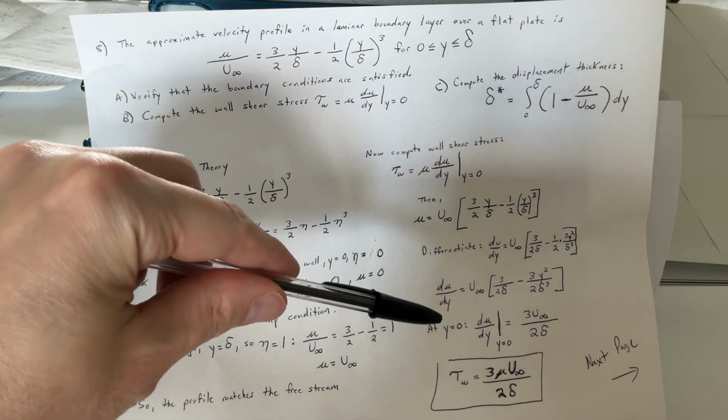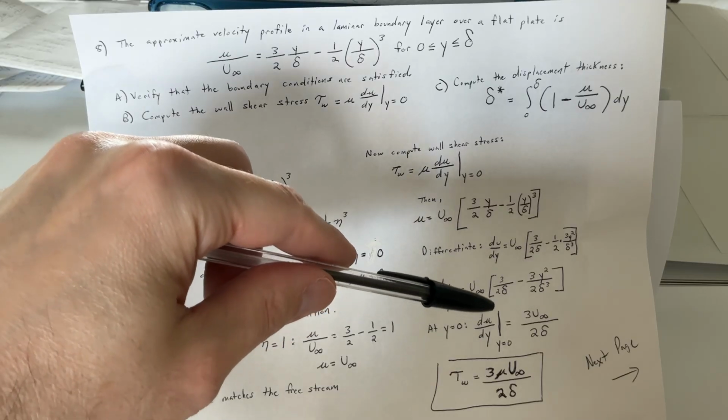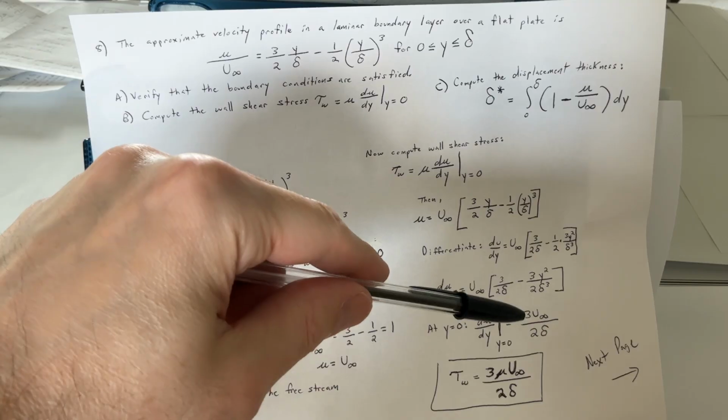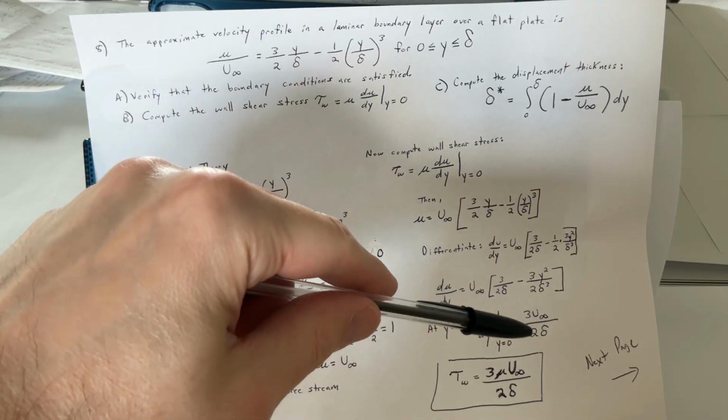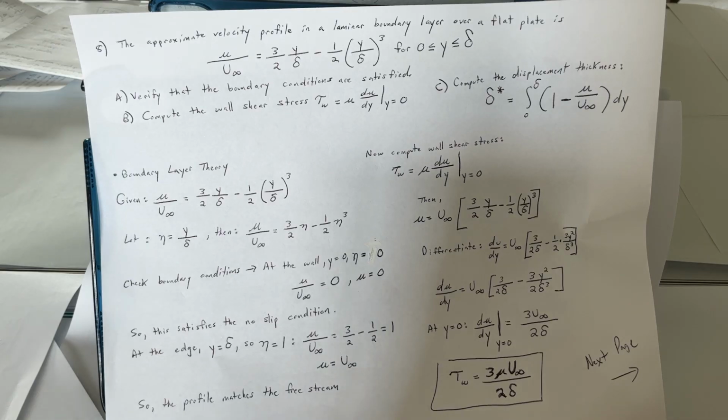And now at y equals 0, this d mu over dy evaluated at y equals 0 gives 3 capital U sub infinity over 2 delta. My apologies again for the way I draw delta.